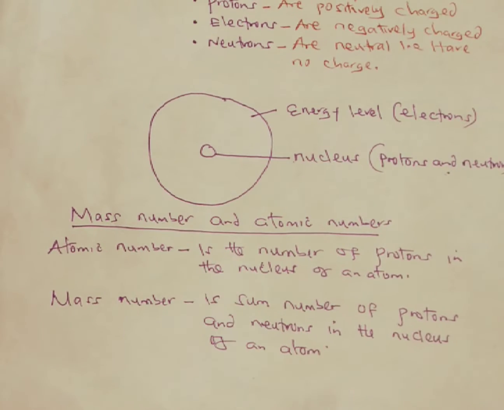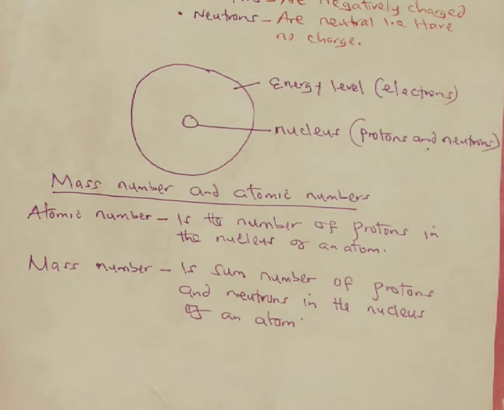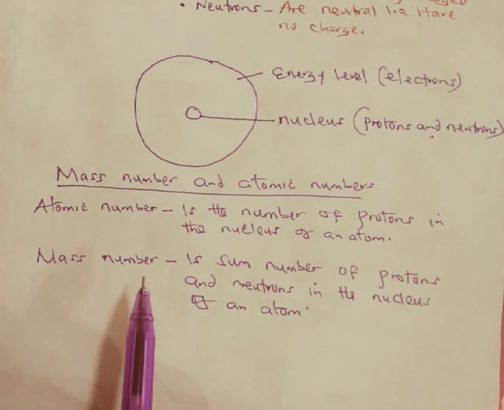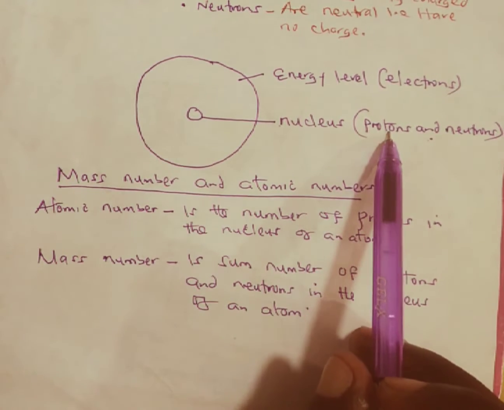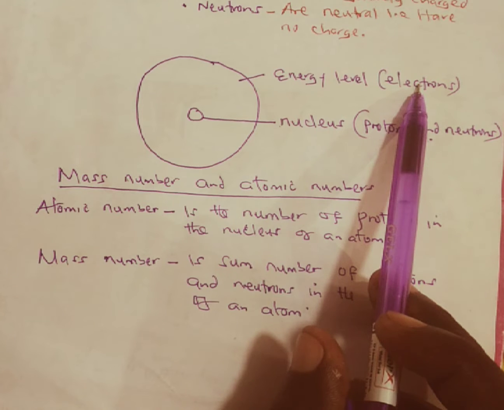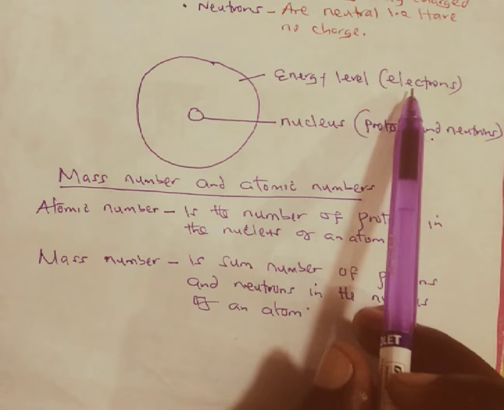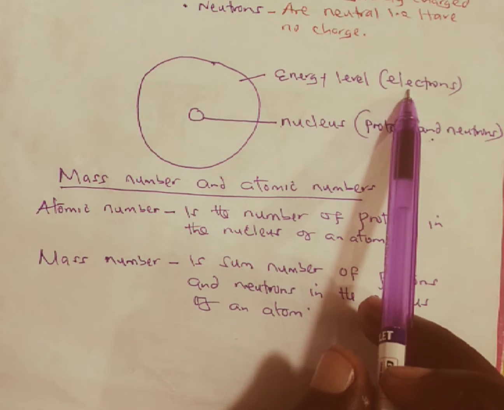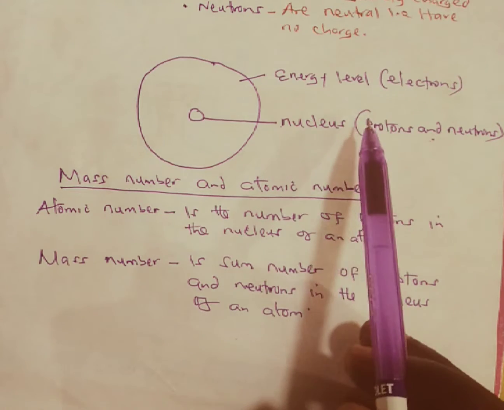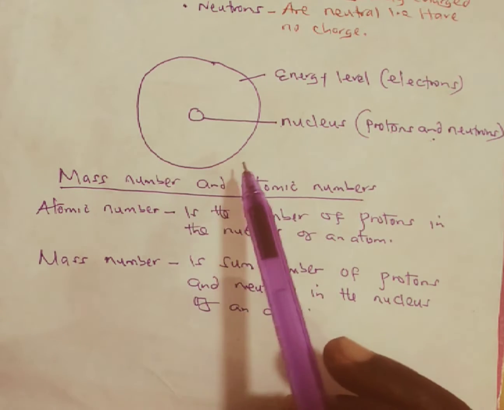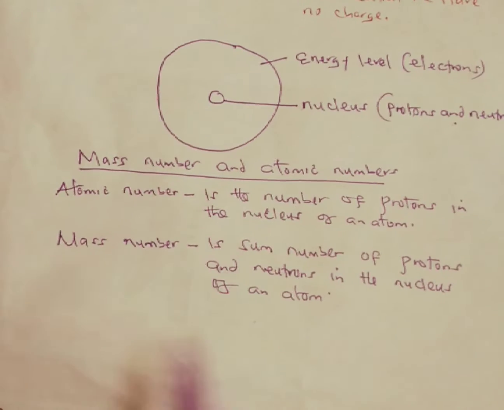Another important thing that we need to realize is that the number of protons and the number of electrons in an atom are always equal, and therefore atoms are electrically neutral.